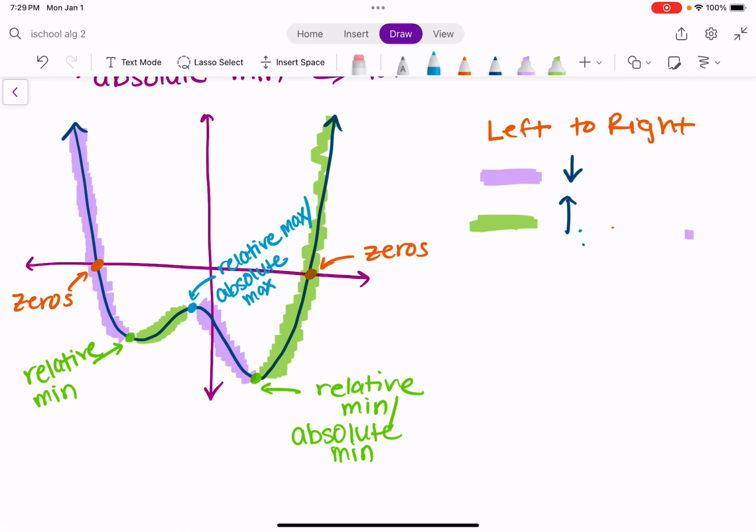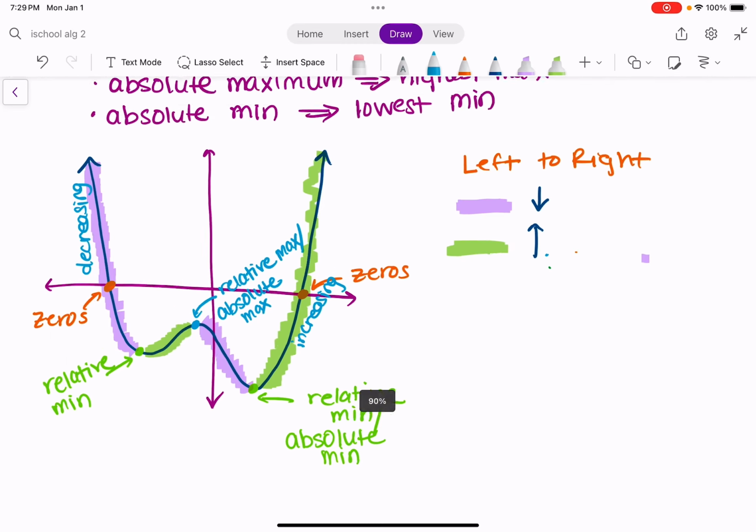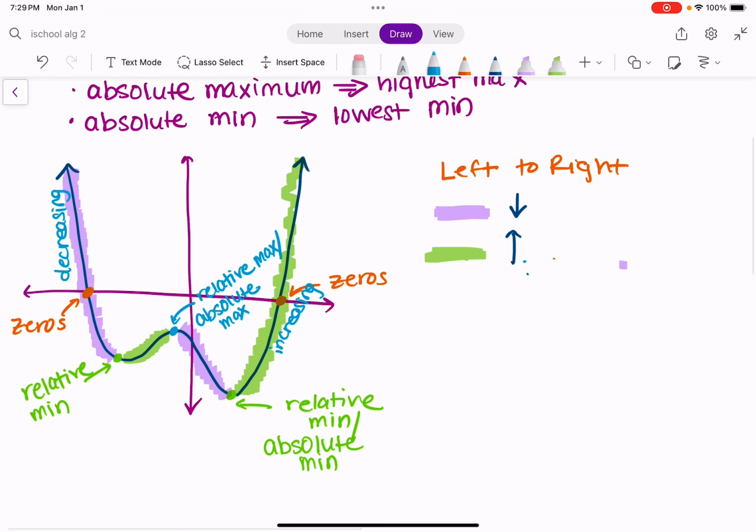And so if you want to quickly just write these in, this is when it's decreasing. It's increasing here. But you can now see we actually know a lot about this graph. We know when it's decreasing, we know when it's increasing, we know the mins, the relative maxes, the absolute mins, and we know the zeros, okay?